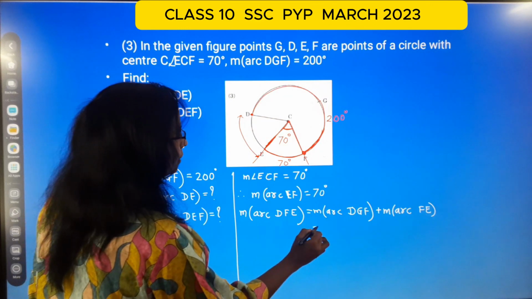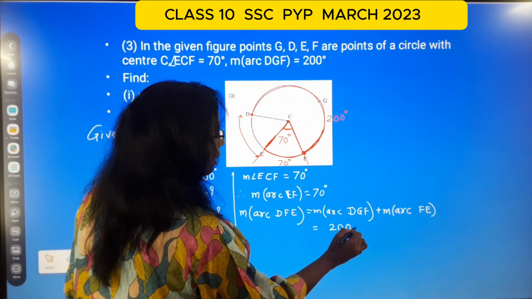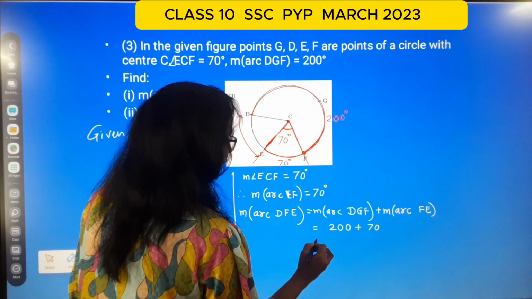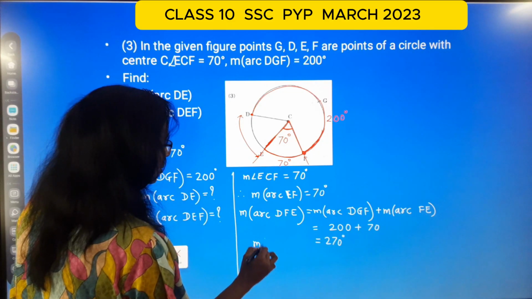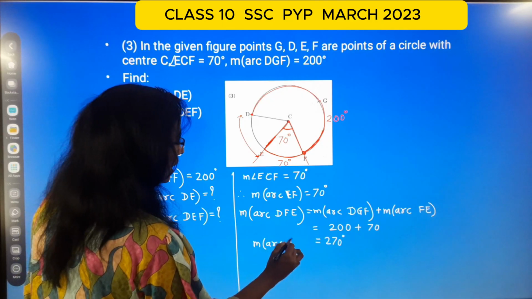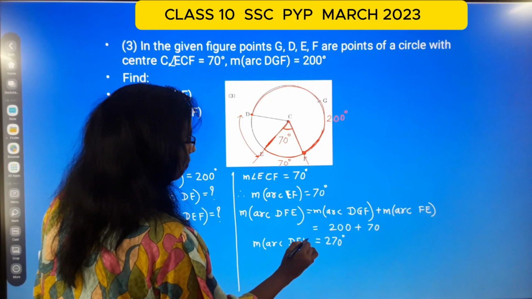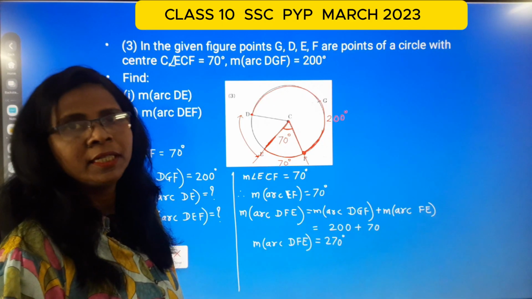Okay, then here 200 plus 70, that means 270 degree. That major arc DFE is equal to 270 degree.